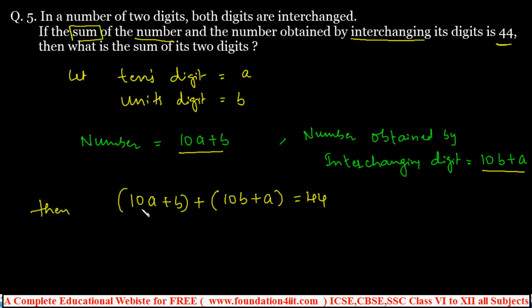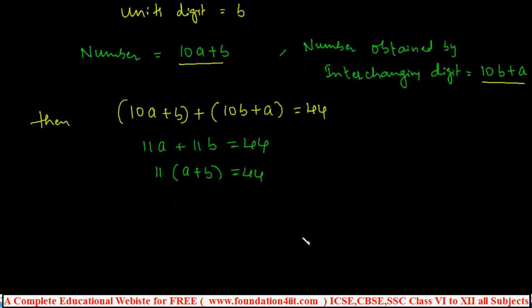So first calculate this: 10a plus a is 11a, plus b plus 10b is 11b, equal to 44. Take 11 common: 11 times a plus b is equal to 44, so a plus b is equal to 44 divided by 11, then a plus b is equal to 4, right? In this way, a plus b is 4. The sum of the digits is 4. If you add the two digits, you get 4.